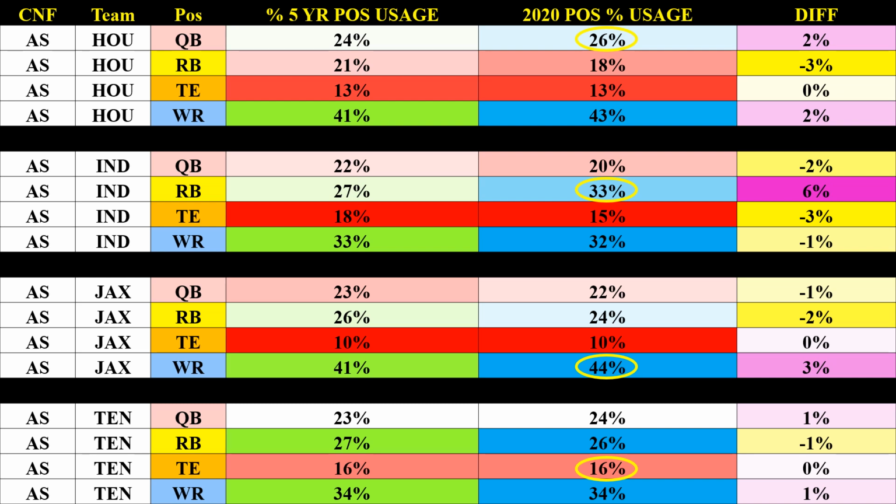Let's talk about Houston. Houston did pretty good at their wide receivers, 43. Jacksonville beat them, 44, so they're about tied. But who's the quarterback? What's going on? People are talking Watson's going elsewhere, or Watson's going to get suspended.